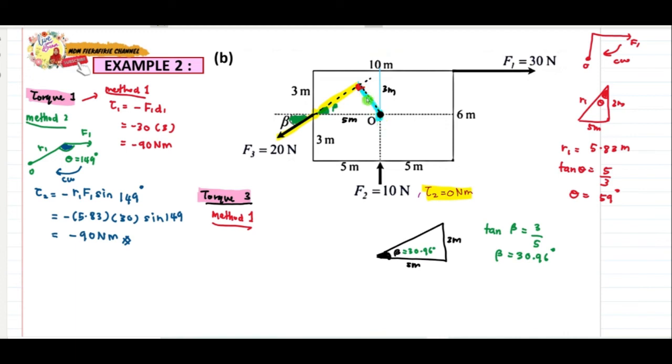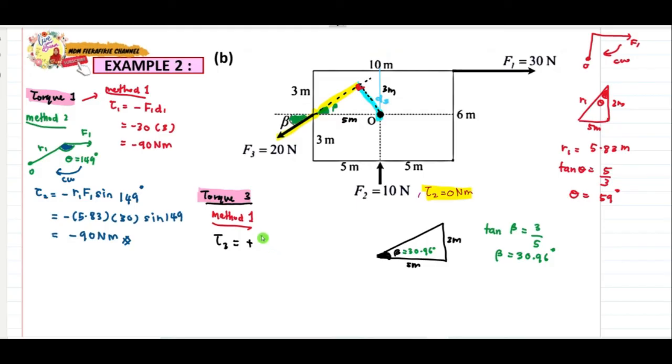So kita namakan dia sebagai D3. So we'll name it as D3. Sekarang untuk menggunakan method yang pertama, torque 3 is equal to, the direction of the torque should be anti-clockwise, so positive.